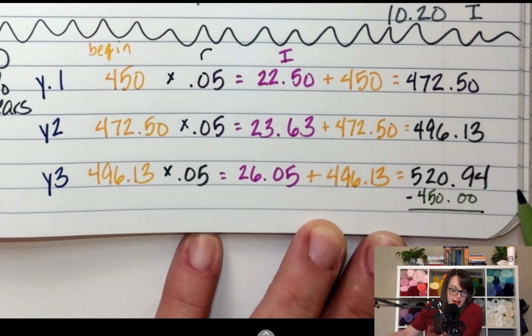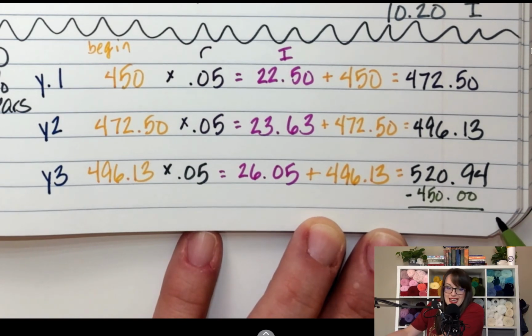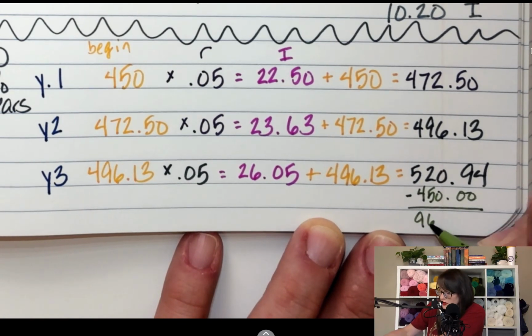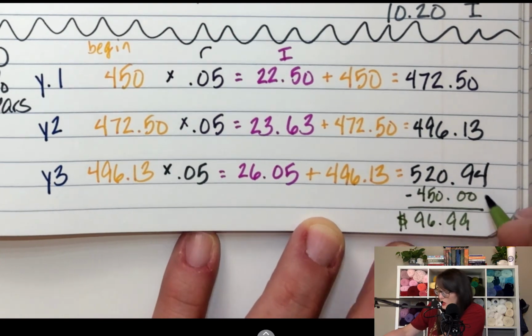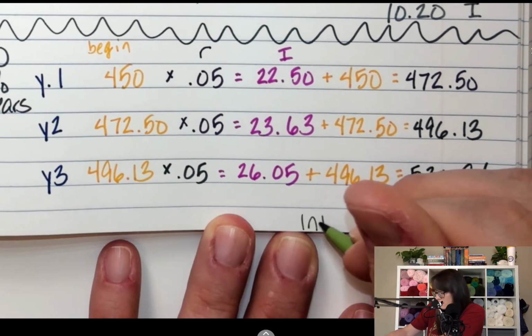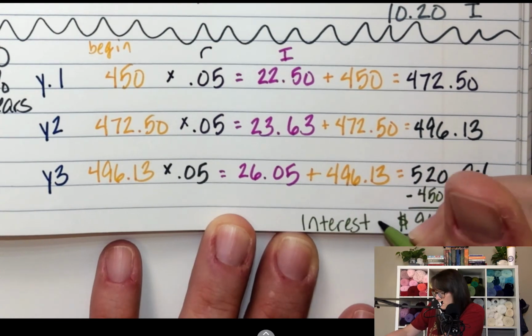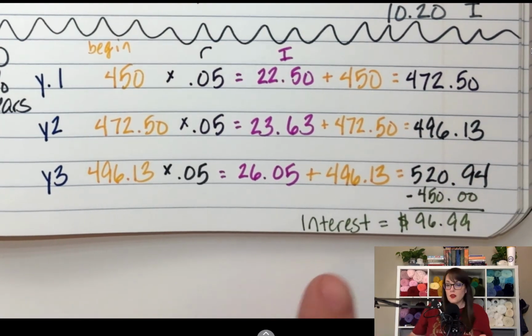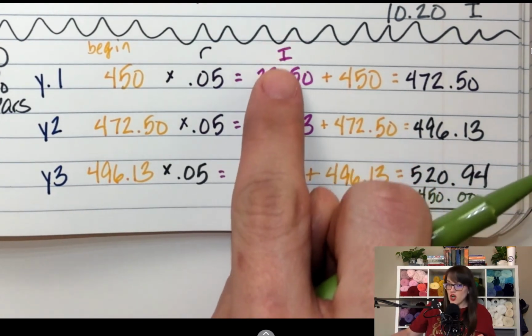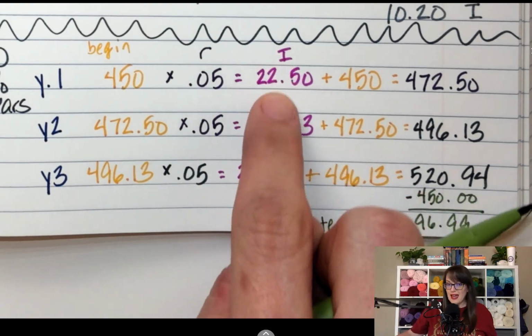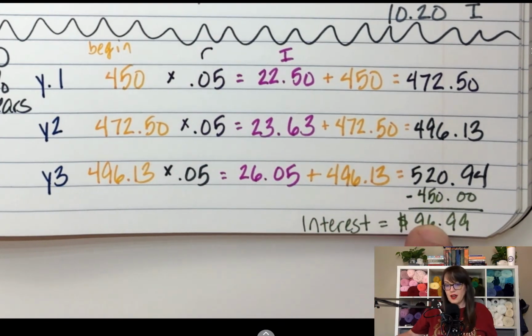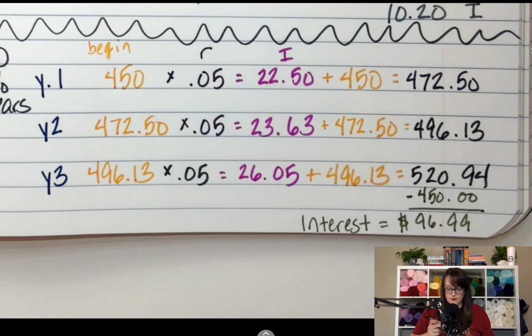And that tells me that I had $96.99 in interest only. This is interest. Again, interest are also these three numbers. So if I had added these three numbers together, I end up with that number.